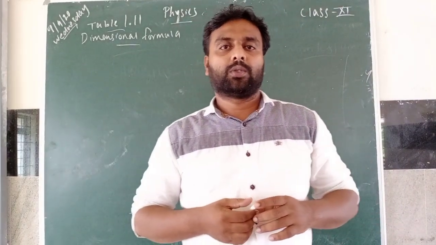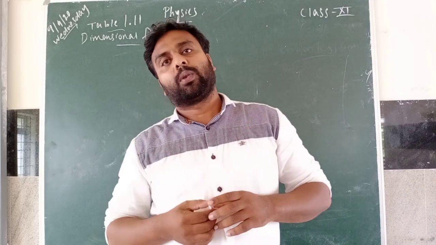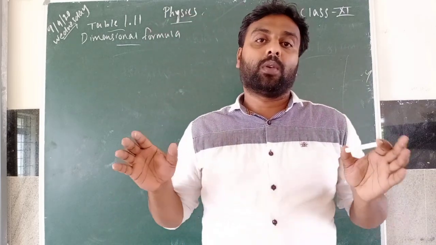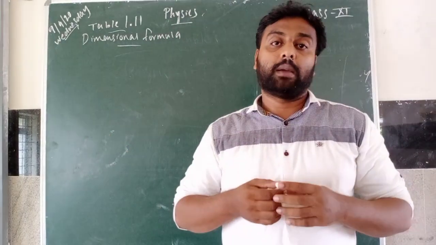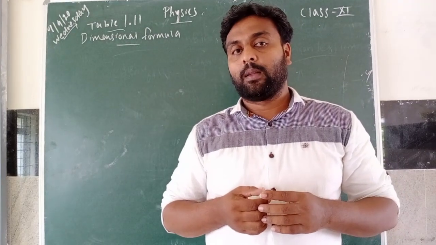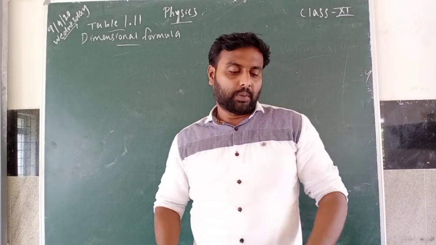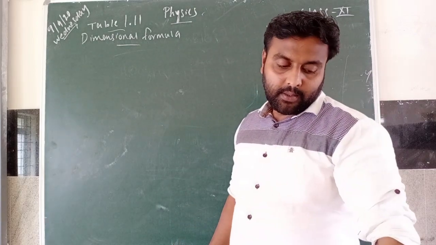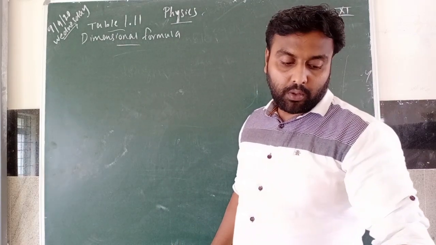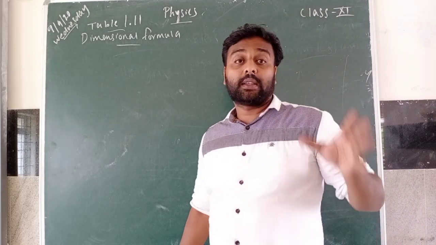Yesterday we went through the dimension of a physical quantity, and I have shown you how to find the dimensional form. Today we are going to discuss some of the problems given in table 1.11, dimensional formula.